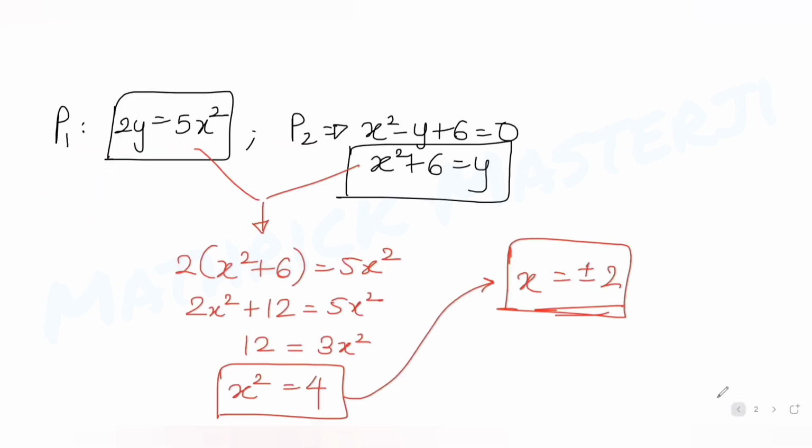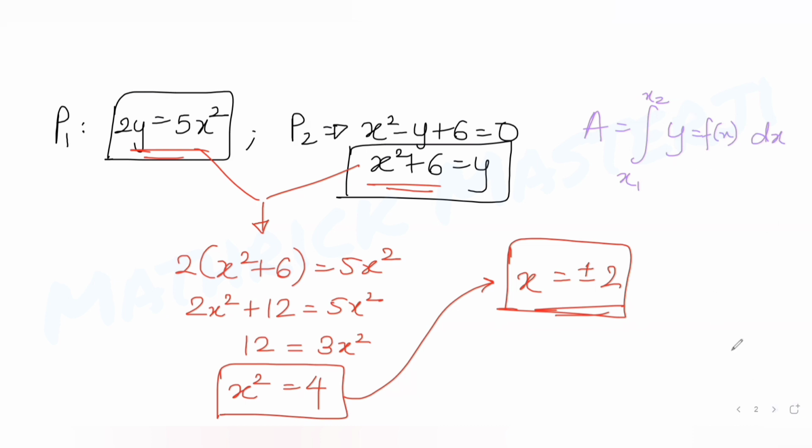So to find the area between the regions P1 and P2, the limits go from minus 2 to plus 2. When finding the area between two parabolas with limits in x, you write your function y as f of x and integrate with respect to dx.